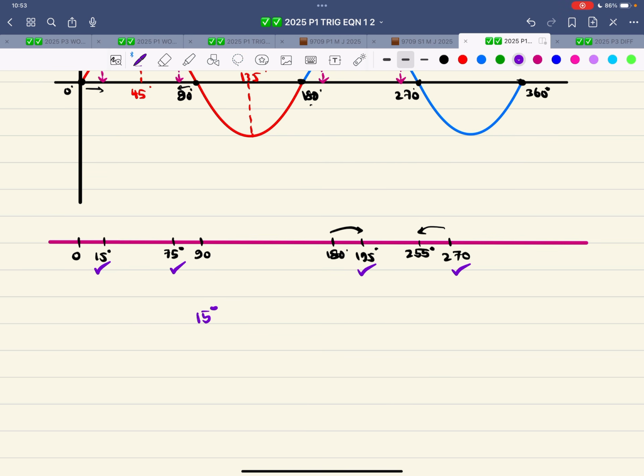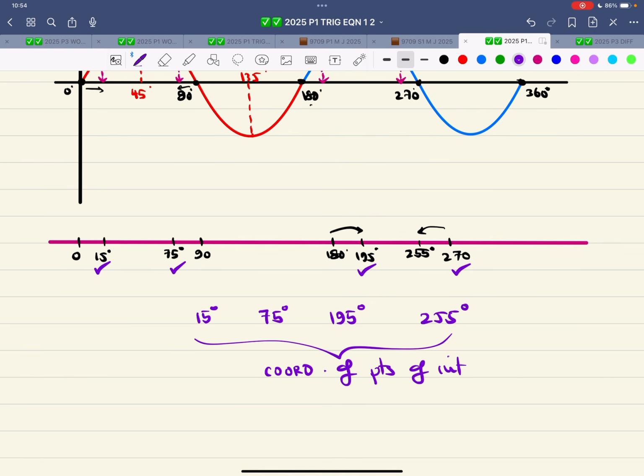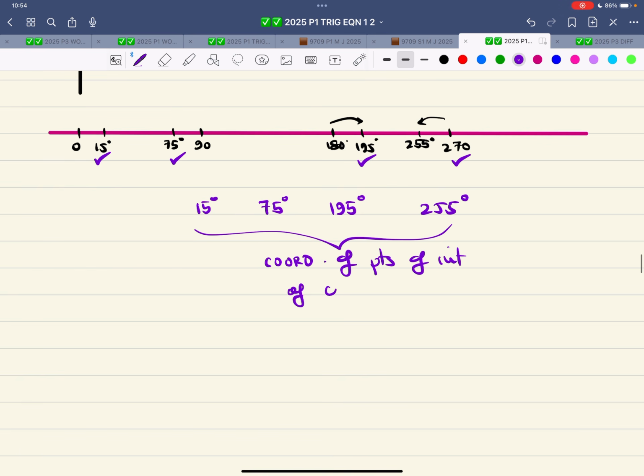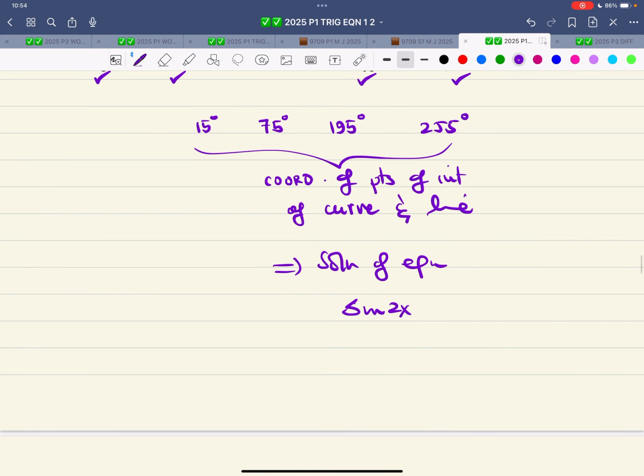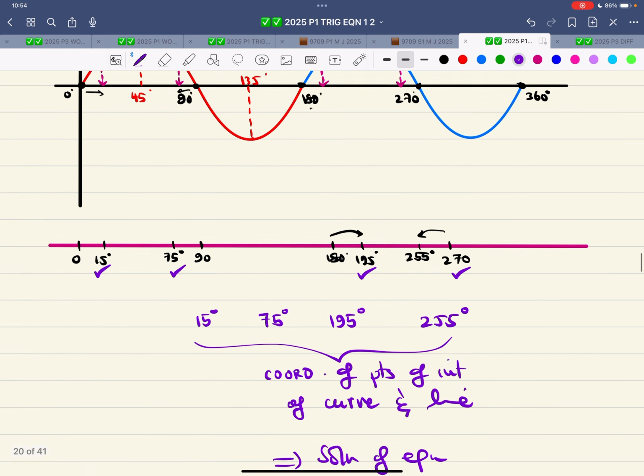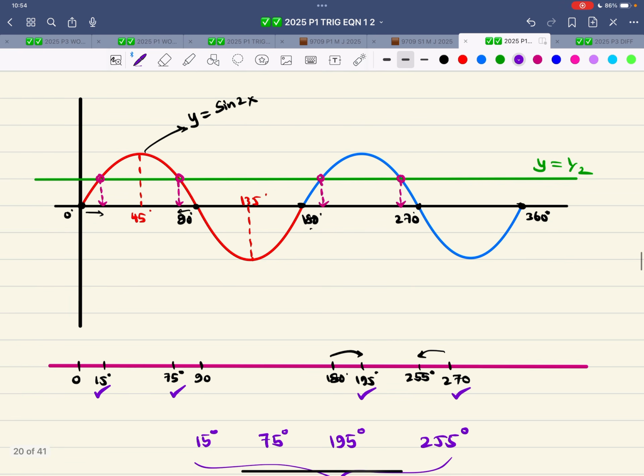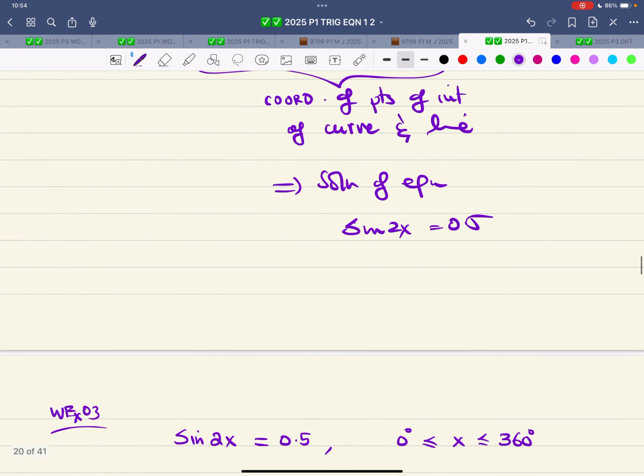So 15 degrees, 75 degrees, 195 degrees, 255 degrees. That will be the coordinates of points of intersection of curve and line. In other words, that is the solution of the equation sine 2x is equals to 0.5. All good, all clear?